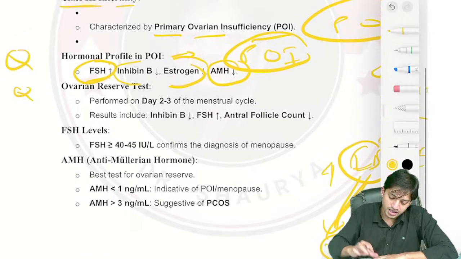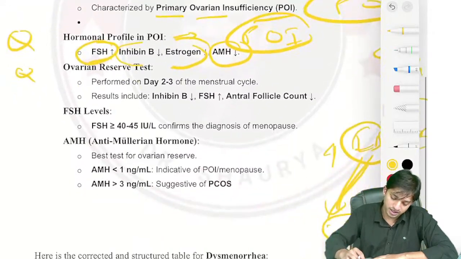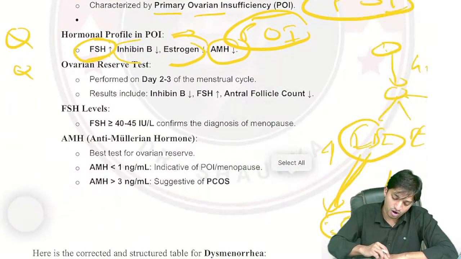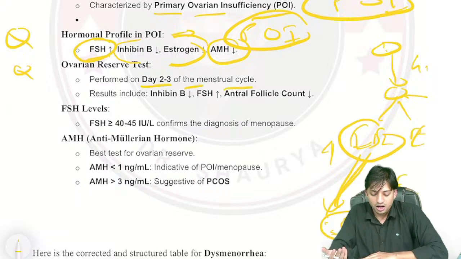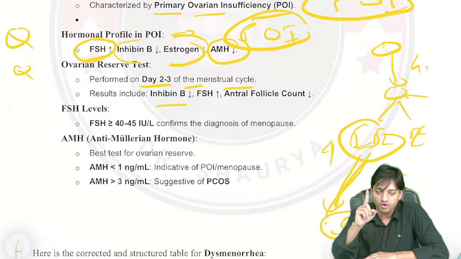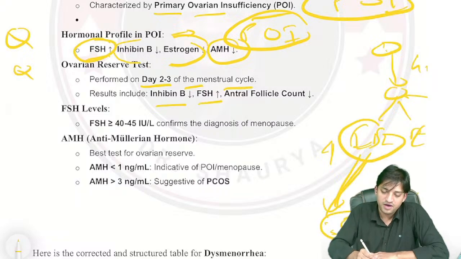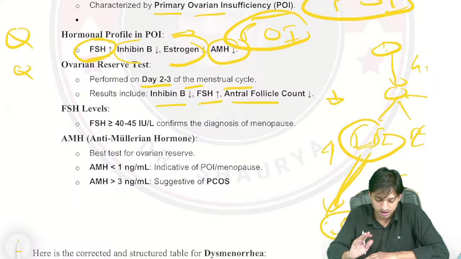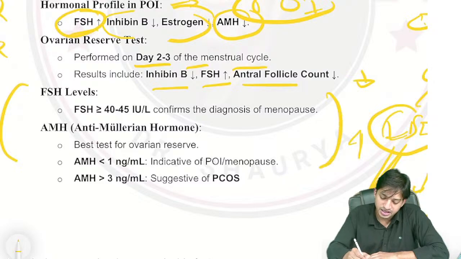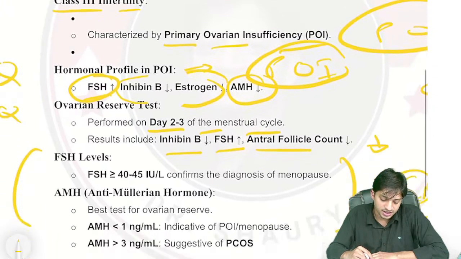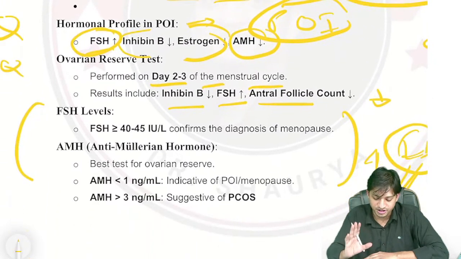Now, the ovarian reserve test. When you are doing the ovarian reserve test, what will you see? It is performed on days 2 to 3 of the menstrual cycle. How will you check? You will look for inhibin B, which will be decreased, FSH, which will be increased, and antral follicle count, which will be decreased. Now, look at the FSH levels and AMH levels for testing primary ovarian insufficiency.